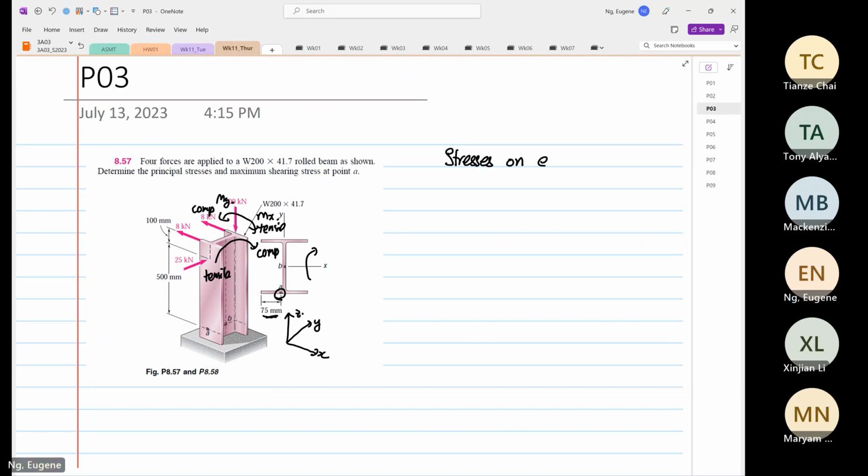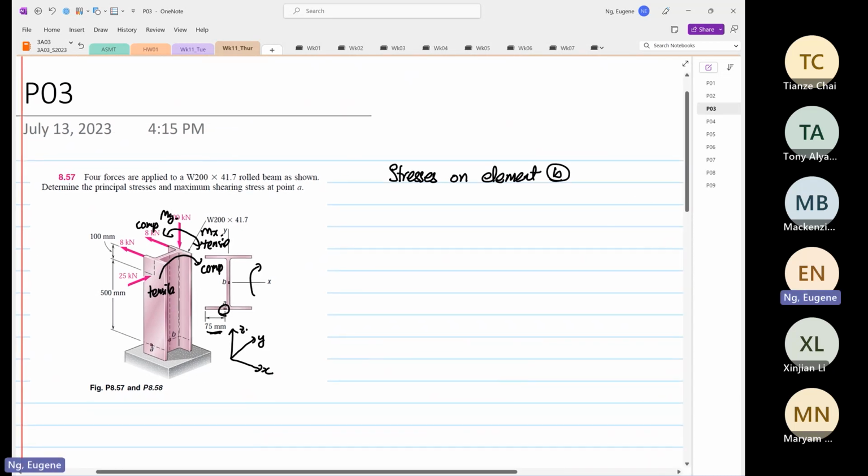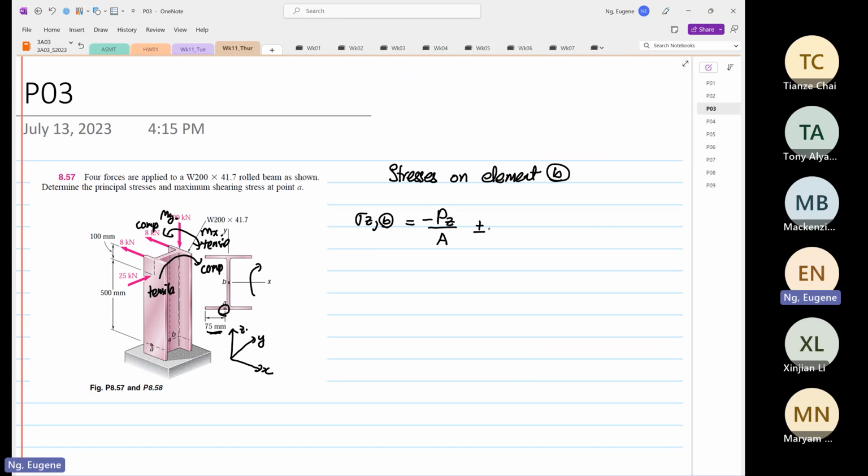So we know that we are going to write stress Z at element B is equal to minus PZ over A, because we know that the 100 kilonewton is going to induce a compression. So down here, we don't know yet, not to worry. So we have Mx over Ixx multiplied by y plus or minus My over Iyy multiplied by x.